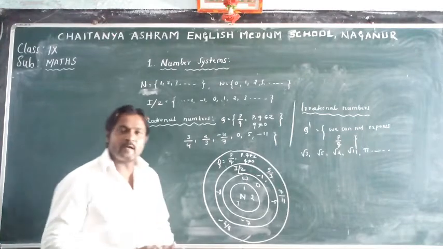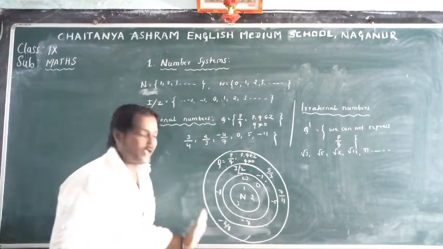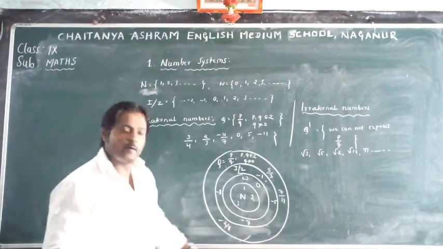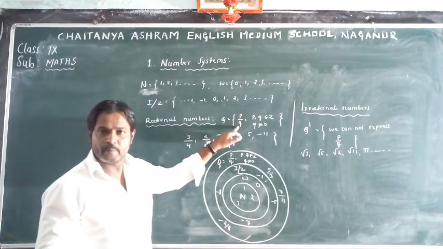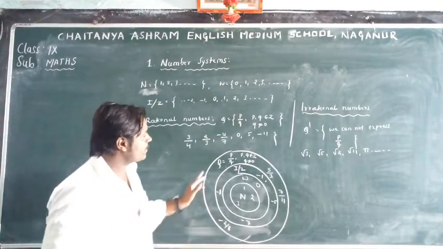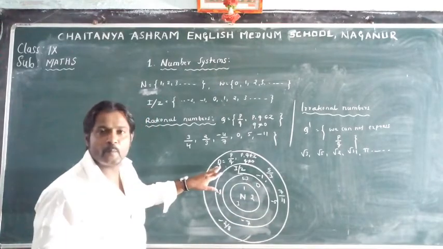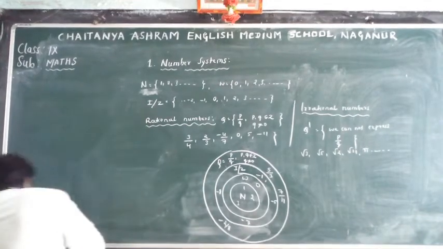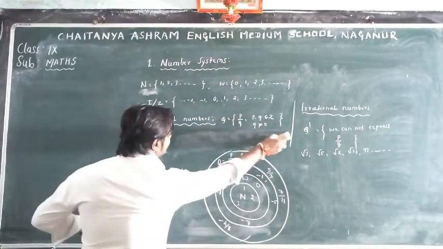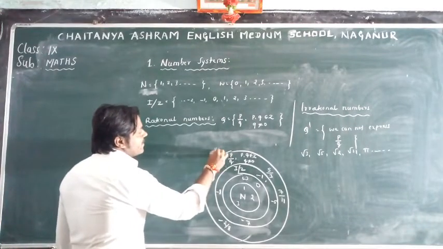So now students, I would like to call this whole group the group of rational numbers, because these all we can write in the form of p by q.